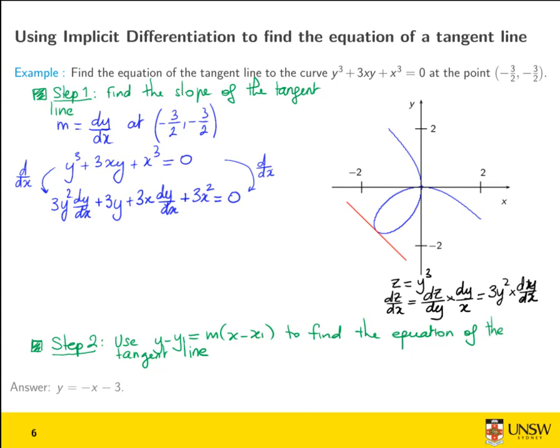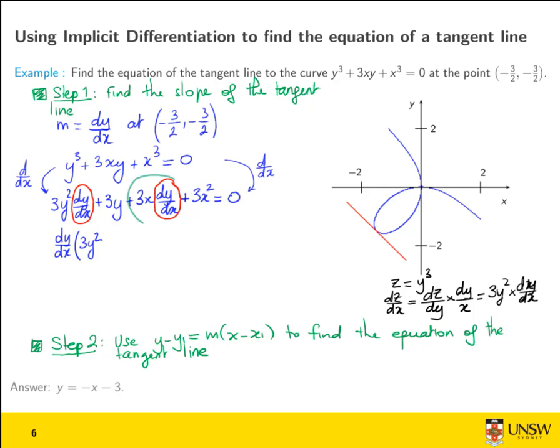At this point, it's important to remember what we're trying to do. We are trying to find dy/dx. So what we will do is put on one side all the terms with dy/dx and factor out dy/dx. Since here we have dy/dx times 3y squared, in this parenthesis we'll get 3y squared.